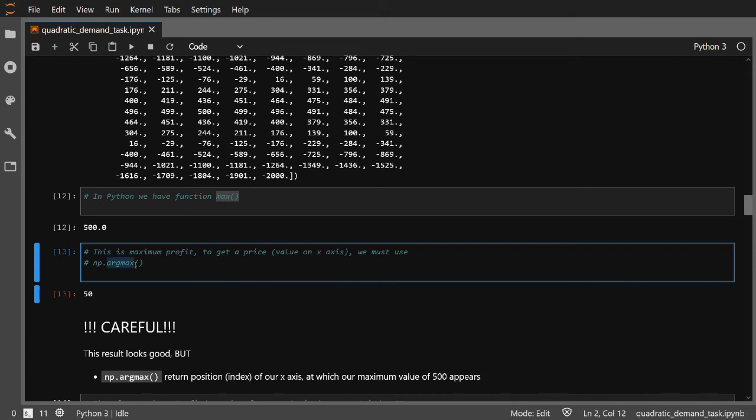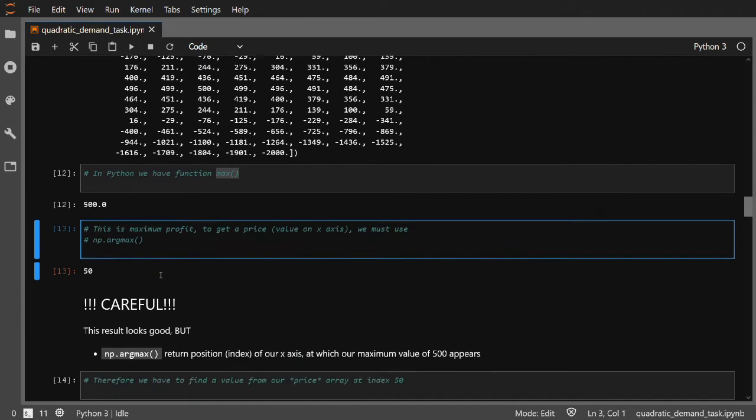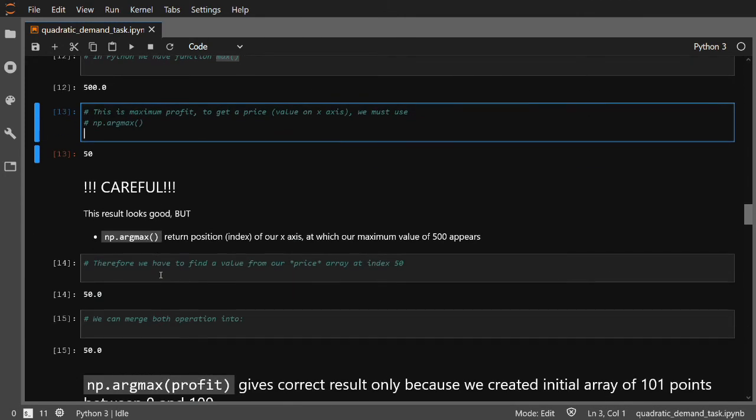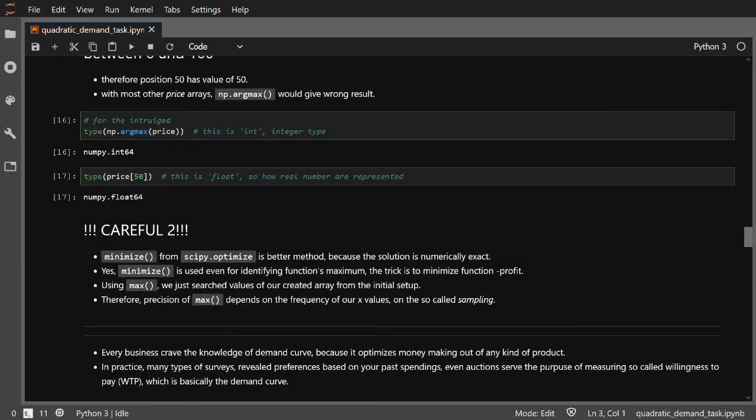For that we need to know the argument of the maximum, so there is an argmax function for that. However, it will return an index, which needs to be again applied to a price array. So we are going to discuss what is the difference between the index and the value of the array. And that is the end of the first part of the exercise.